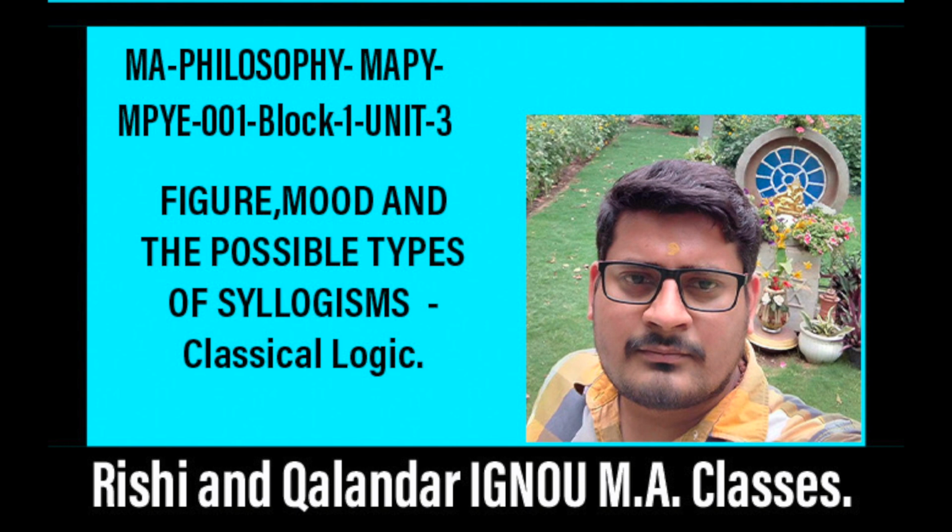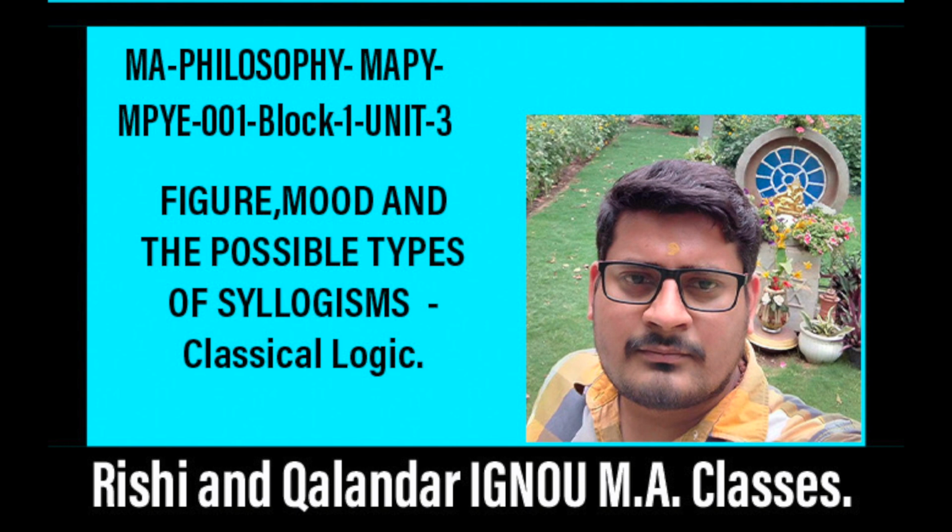For example, all three propositions in an argument may be A only, or they may be I only. Briefly said, the mood of a syllogism is simply a combination of categorical propositions A, E, I, or O, which the argument comprises of.